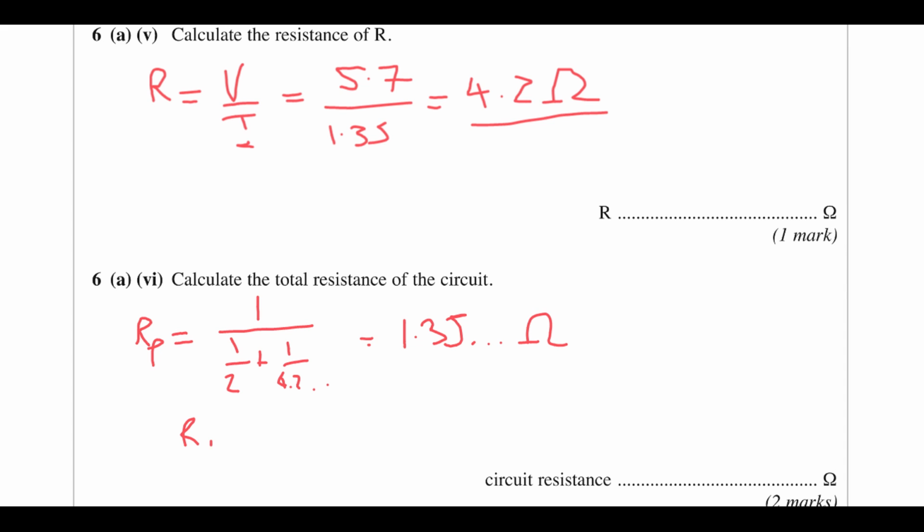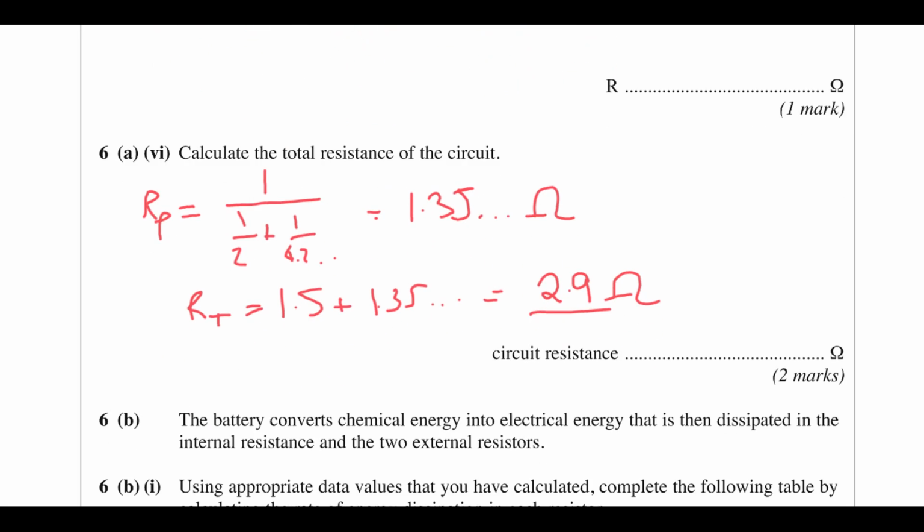So the total resistance is 1.5, the internal resistance, plus the 1.35, plus 1.5 gives us 2.85, so that's going to be 2.9, the right number of decimal places there. Okay, so that's finishing off that one.